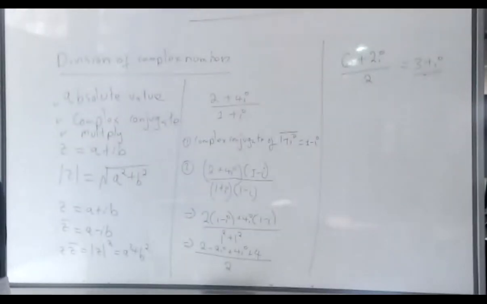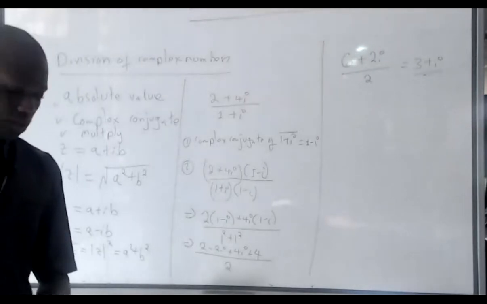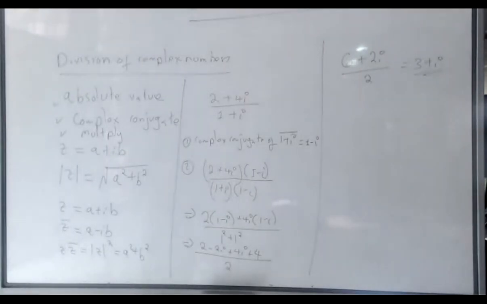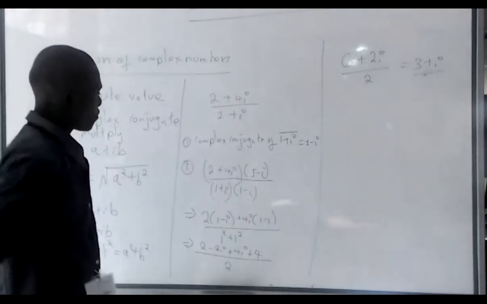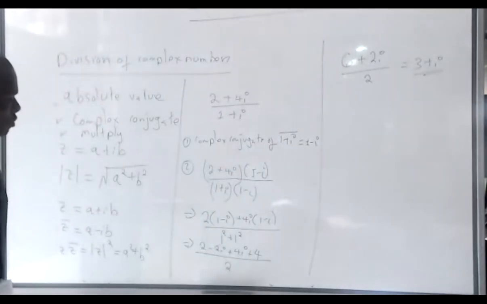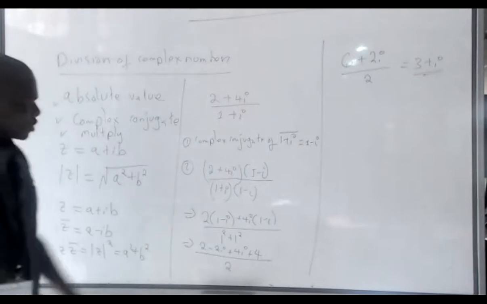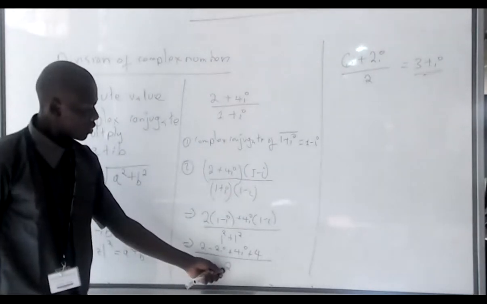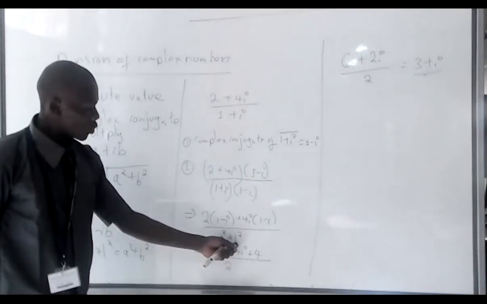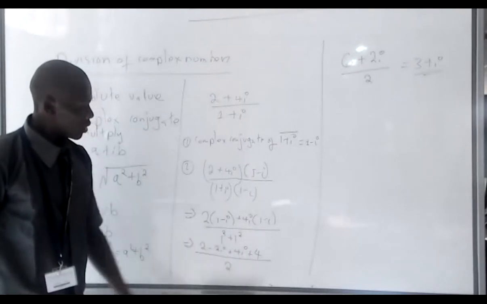Yes, please. I got lost where you said that the conjugate, when you multiply, the absolute value squared became 2, because it's 1 plus i. No, 1 plus 1. This is 1 plus 1. So you don't count the i.